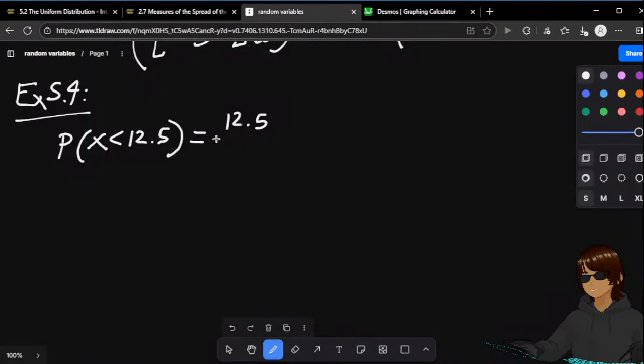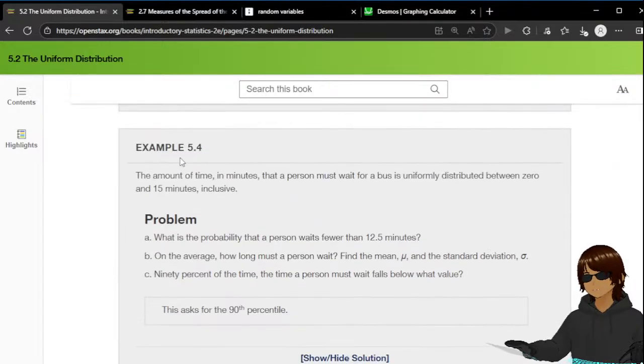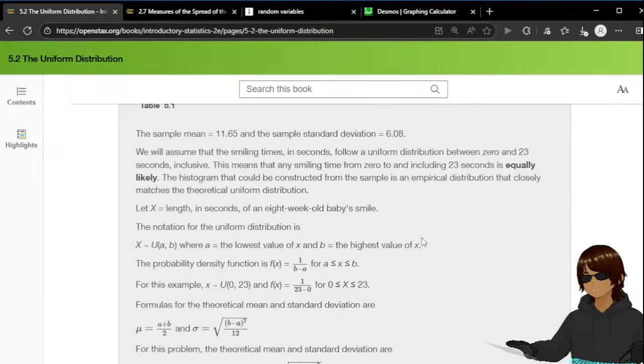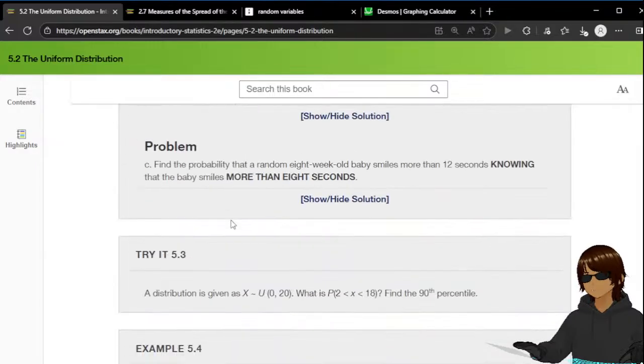The probability is 12.5 over 15. That makes sense. Find the mu and standard deviation. Mu is just 7.5. Standard deviation is 15. So 15 over root 12.